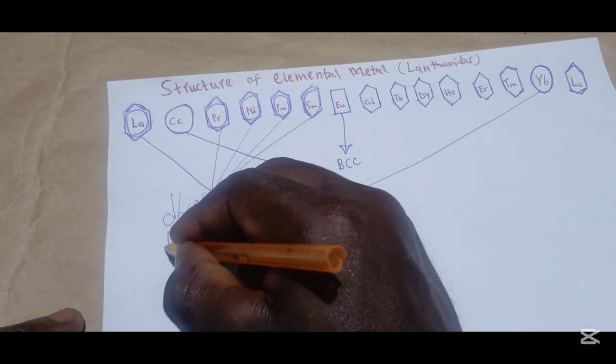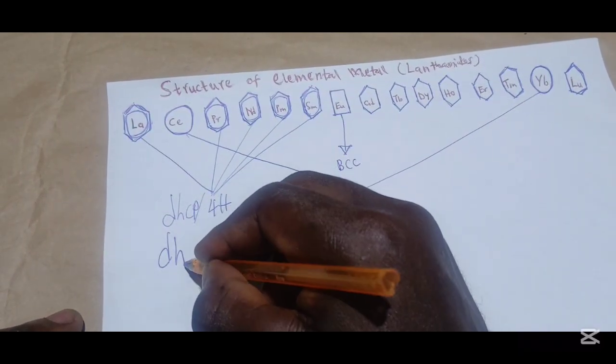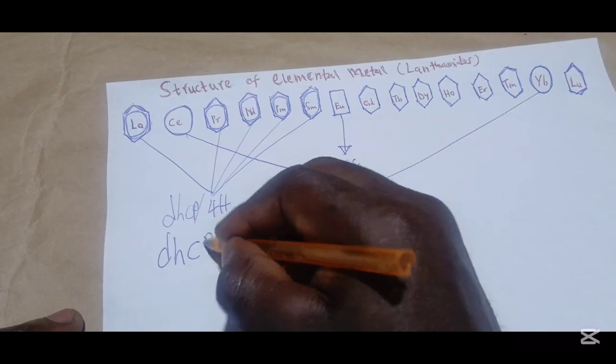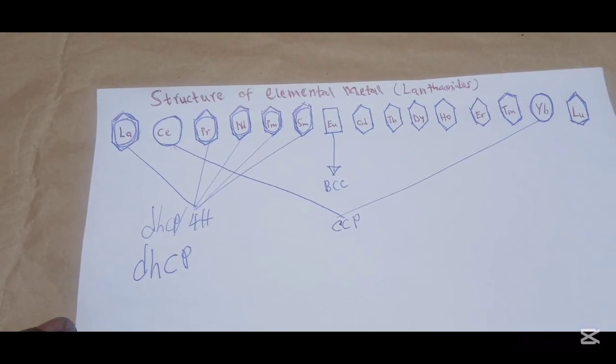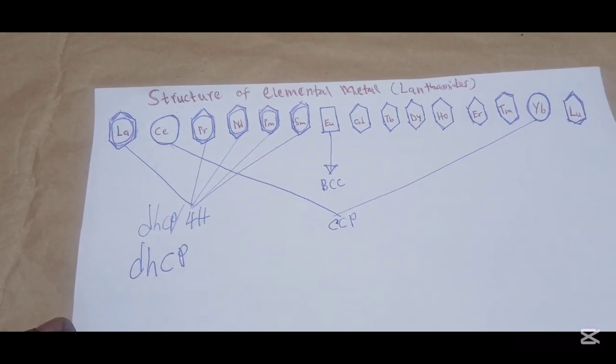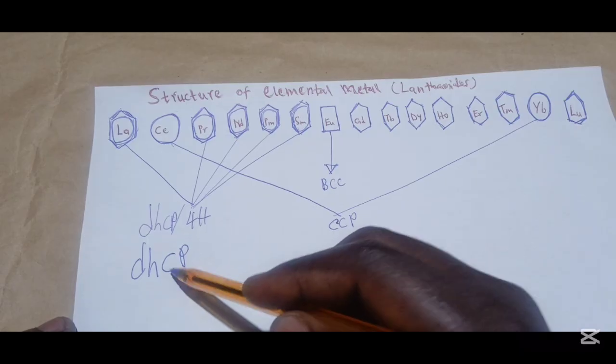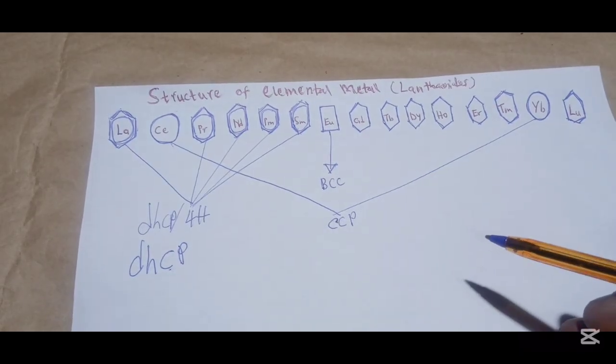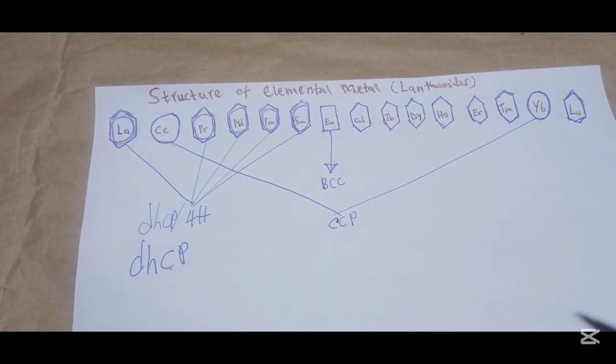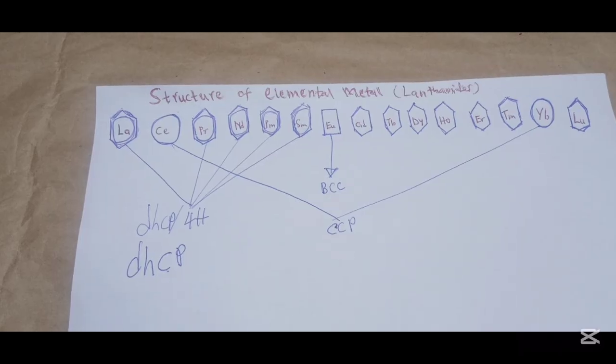Let me write this out in words. DHCP, double hexagonal close packing. Then the remaining one will be HCP, hexagonal close packing. So what are the remaining elements here?